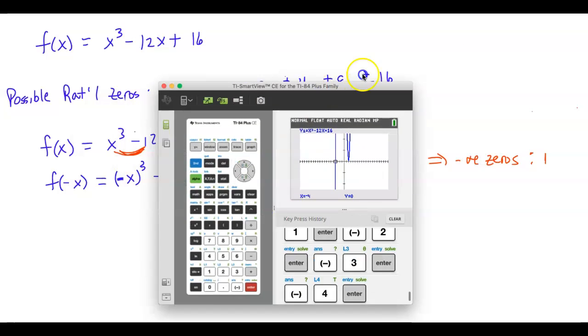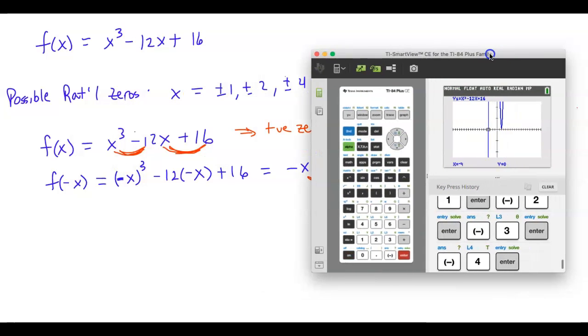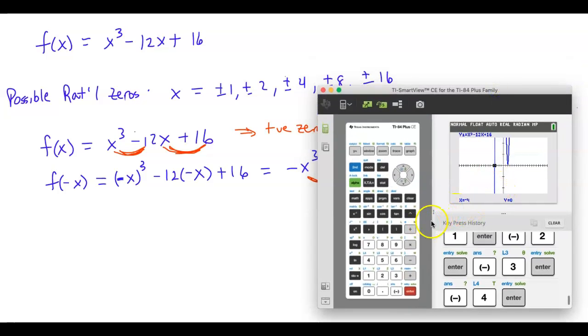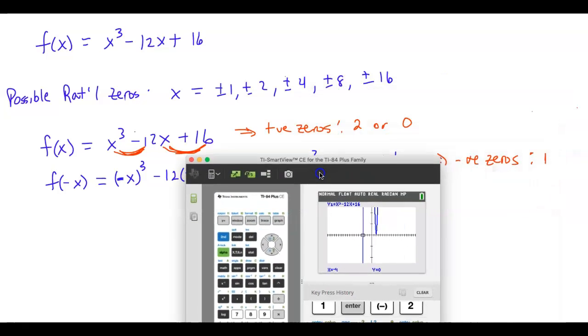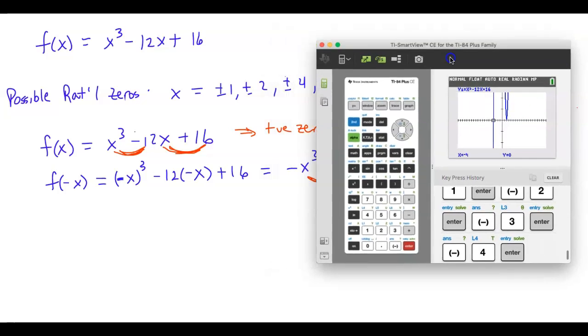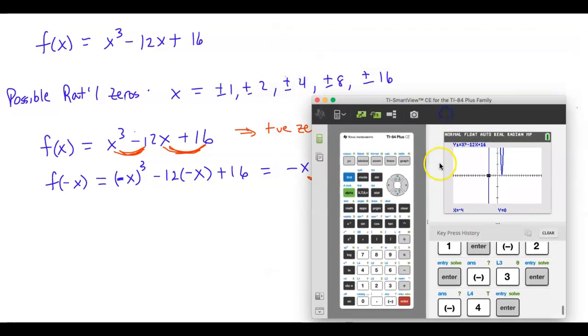Then that lets me know that I need to find positive zeros. And once I do that, I know that either I'm going to have 2 positive zeros or I'm not going to have any. If I go through the list of positive zeros, starting at +1, +2, I see that +2 works, so I now have 2 of the 3 zeros that I need accounted for.